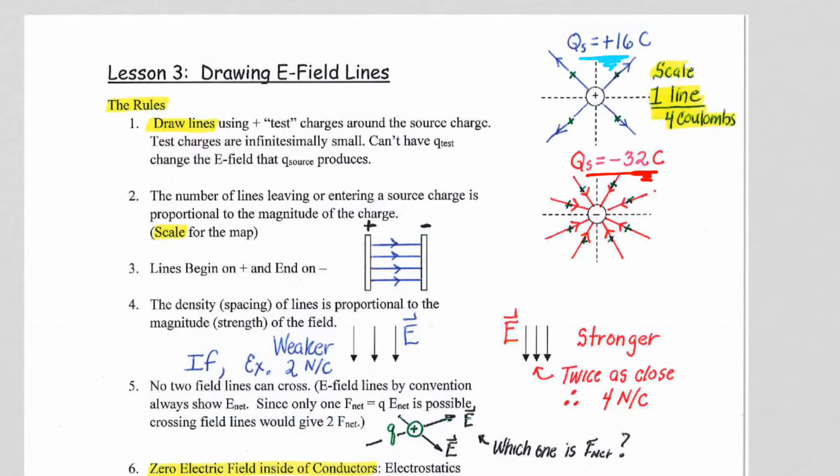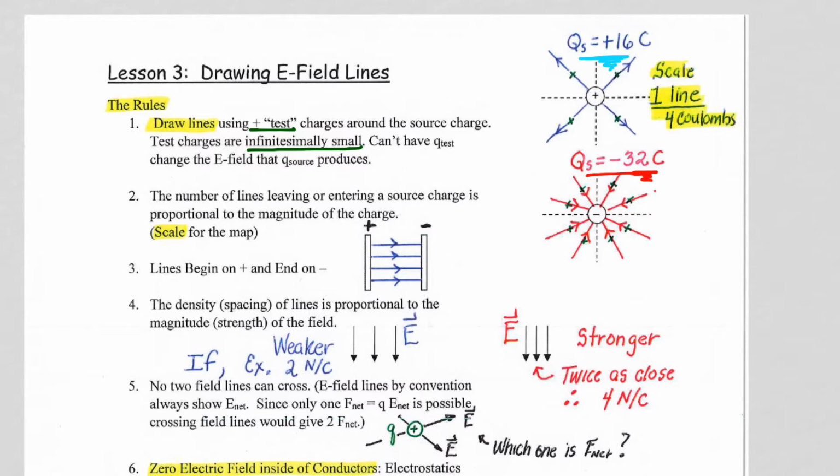Well, the first thing we are going to do is utilize what are called test charges. Test charges by convention are positive. So never negative, they are by convention positive, and they are always infinitesimally small.